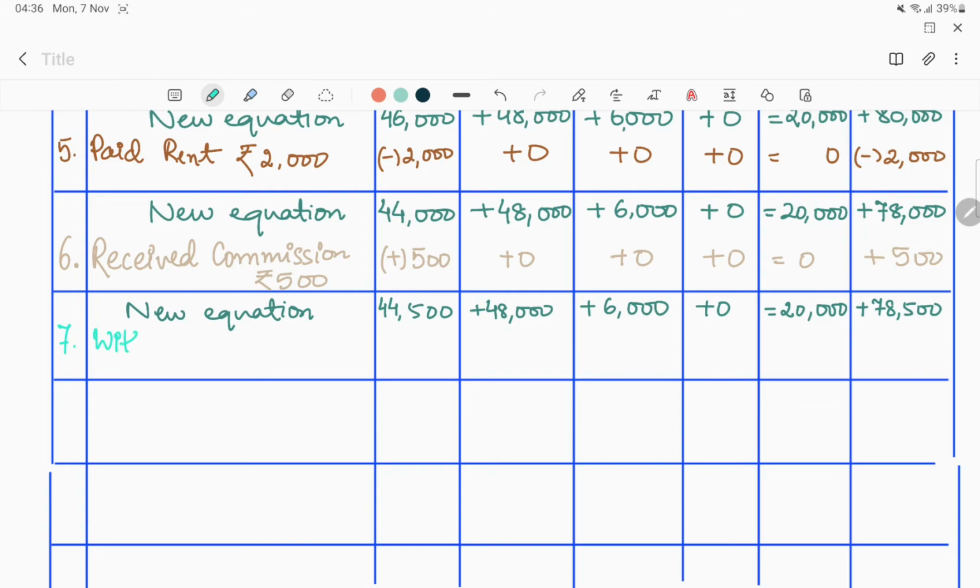Transaction: withdrew cash for private use. The amount is 3,000 rupees. So it is very obvious he is taking cash only from the asset side. So you have to subtract 3,000 rupees from 44,500.